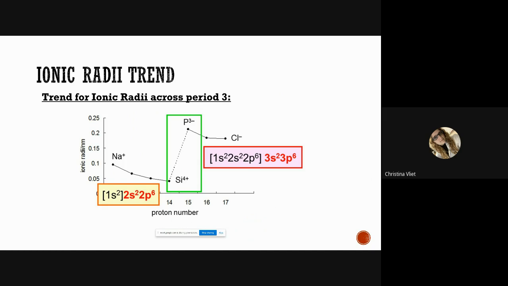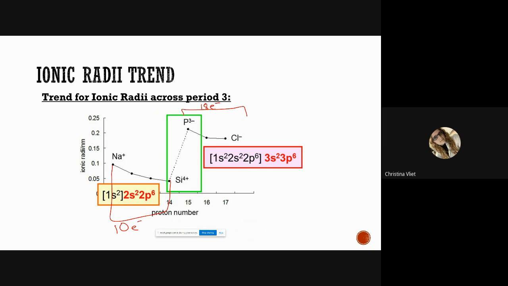Why was there this big jump? For the cations, you only have 10 electrons. For all the anions in the same group, you have a full another level of electrons here. And so it jumps in size significantly.